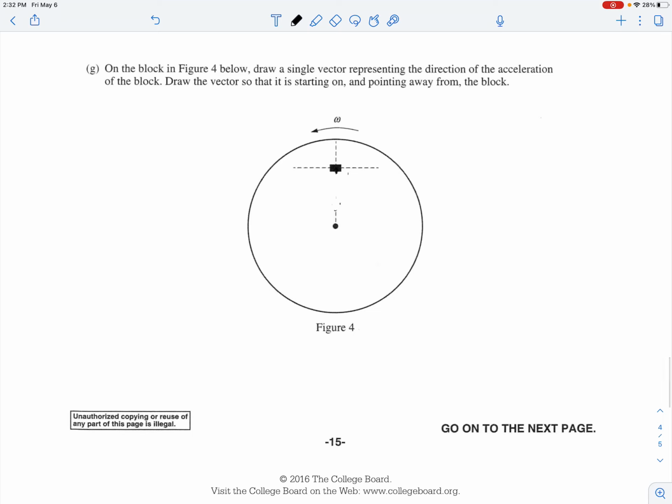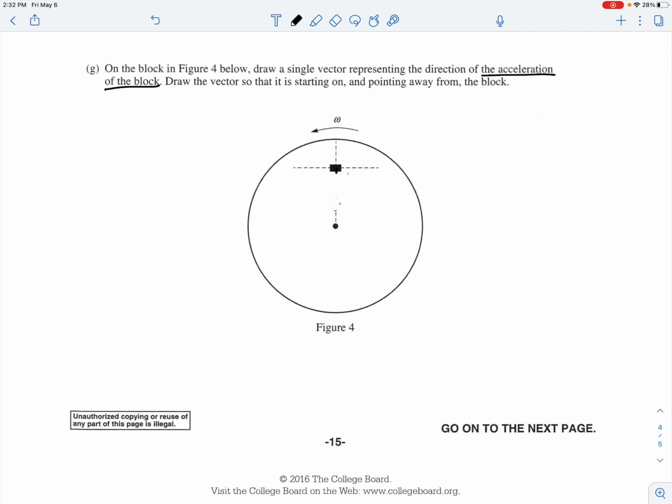On the block, draw a single vector representing the direction of the acceleration of the block. Draw a vector so that it starts there. Which way? Most students would say it should point straight inward because the centripetal force is always inwards, which is true, but you have to remember that a bunch of forces act together to give you that. But this is the acceleration of the thing, not the centripetal force. The centripetal force is just the radial force.